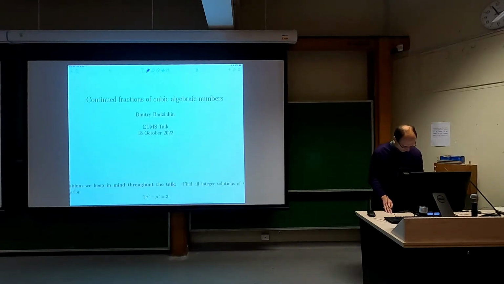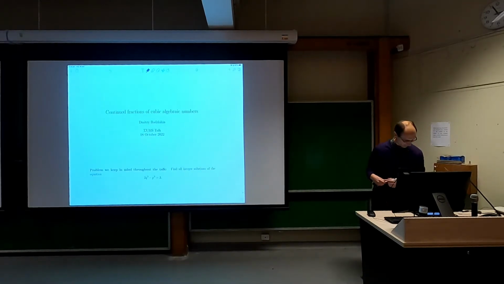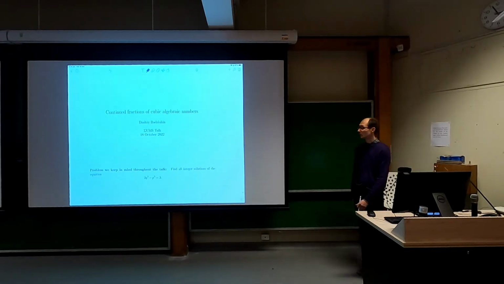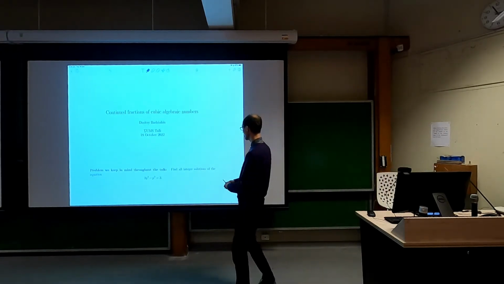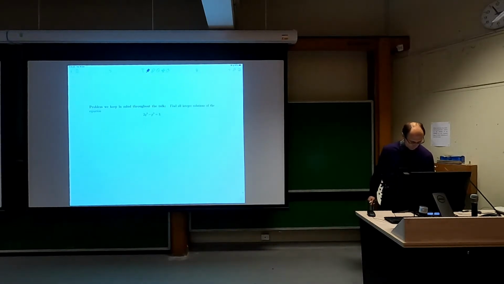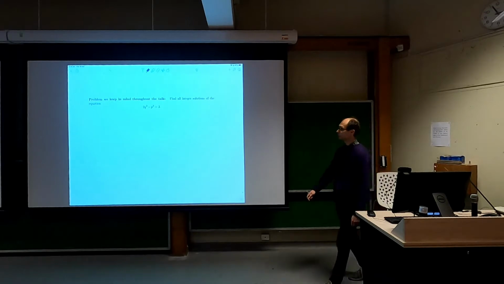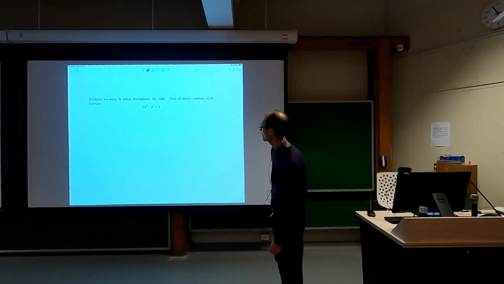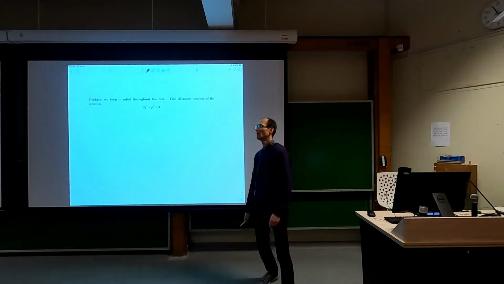So let me start with the following question, the following equation. We want to find all integer solutions of this equation, a cubed minus b cubed equals 3. I give you a minute to think about solutions, and maybe you can give me some.